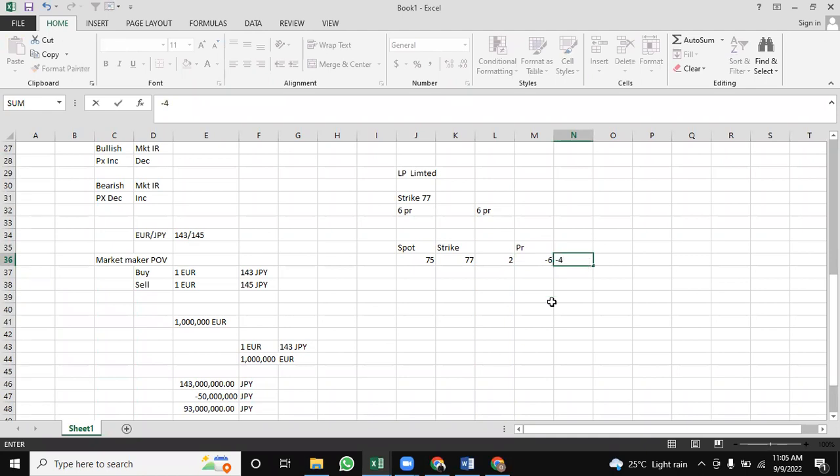So what if the spot goes to 0? He makes a profit of 77, right? So minus 6, 71 would be his maximum profit in this case.